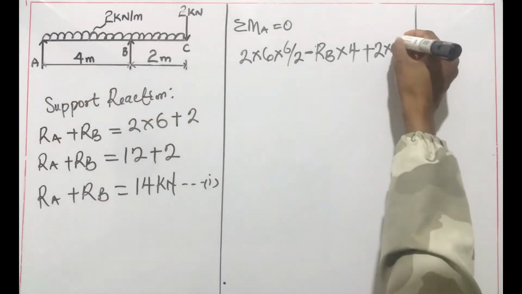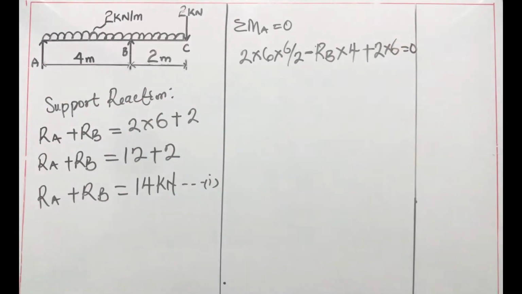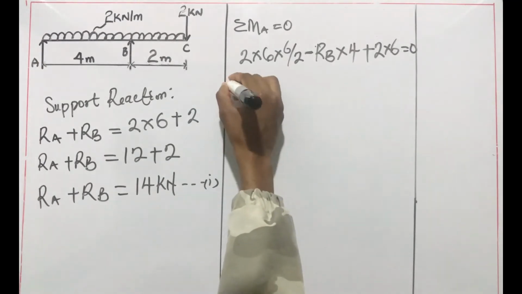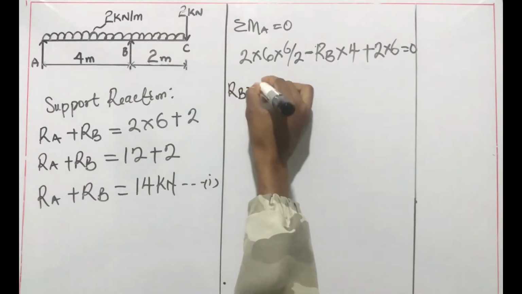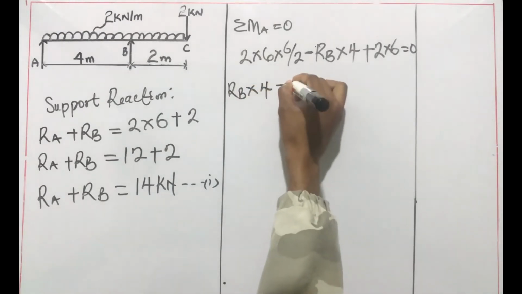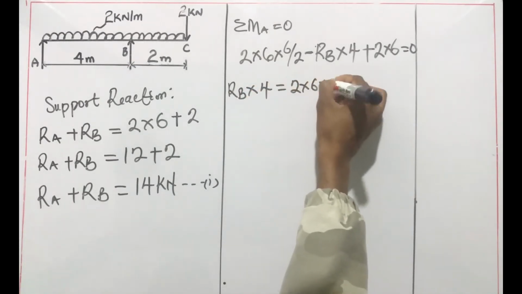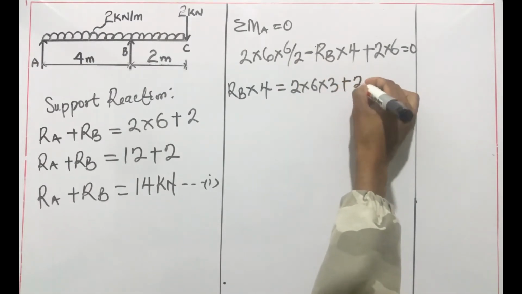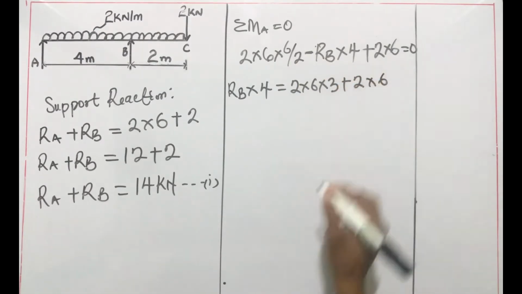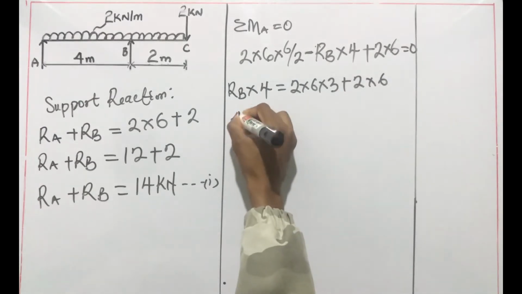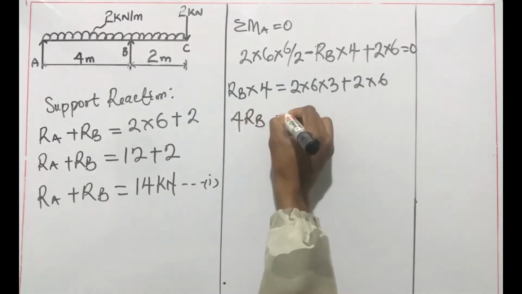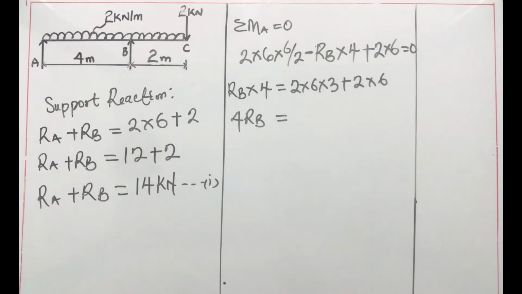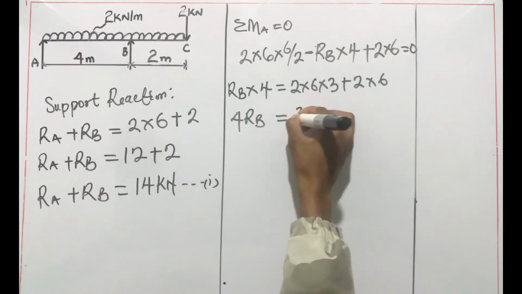Next is a 2 kilonewton force, which is also a clockwise moment, multiplied by its distance, 6 meters. Resolving this equation, we have RB times 4 is equal to 2 times 6 times 3 plus 2 times 6.